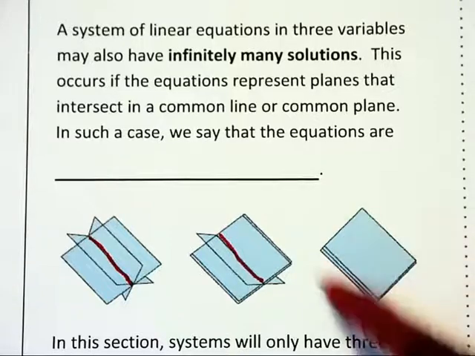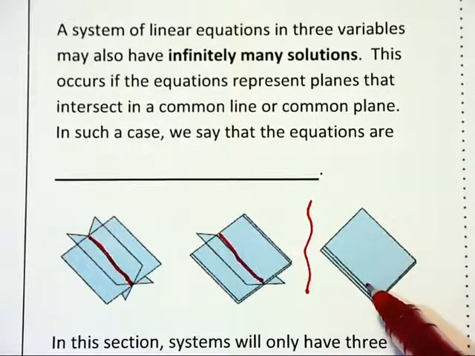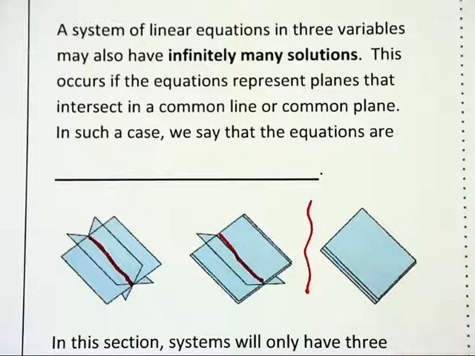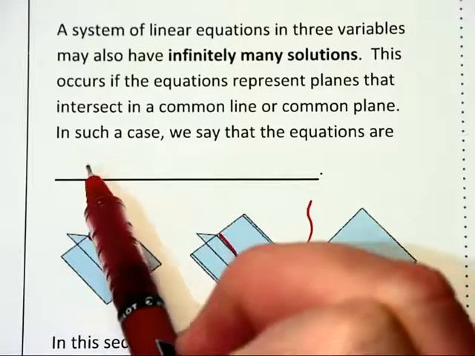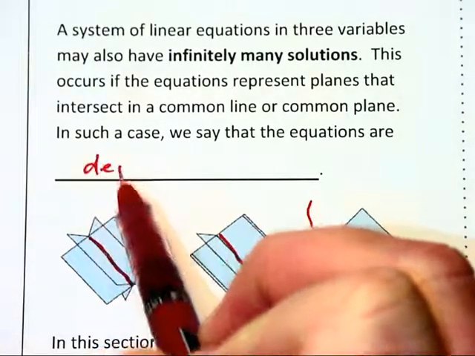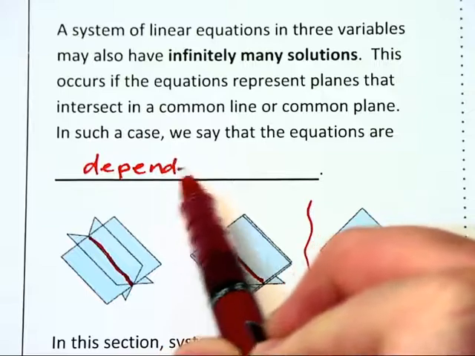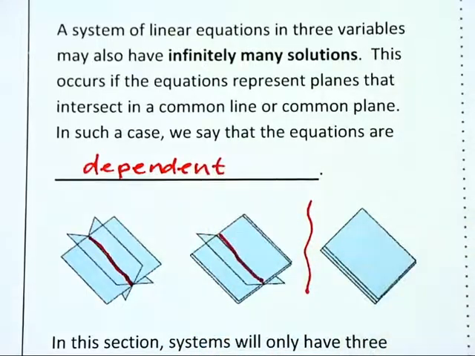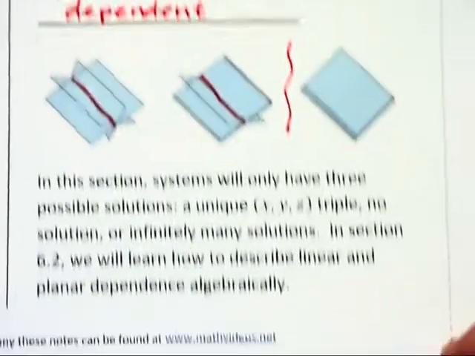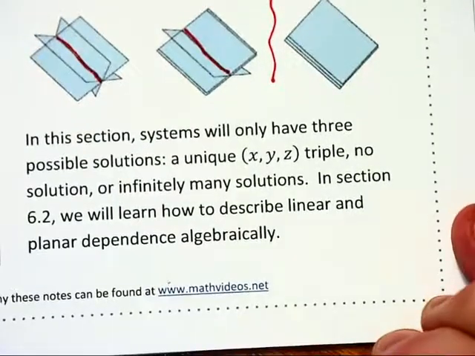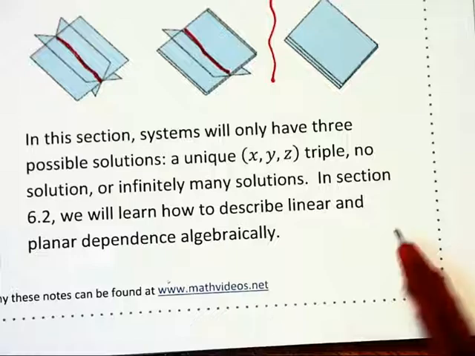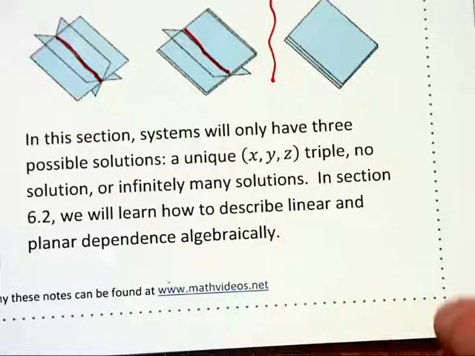And in this final case, we actually have three planes coinciding, and so the one plane itself will be the solution set. In this case, we say the planes are dependent, or the system is dependent, because they're not totally unique. So in this section, we're going to learn how to deal with these different cases that we have here.